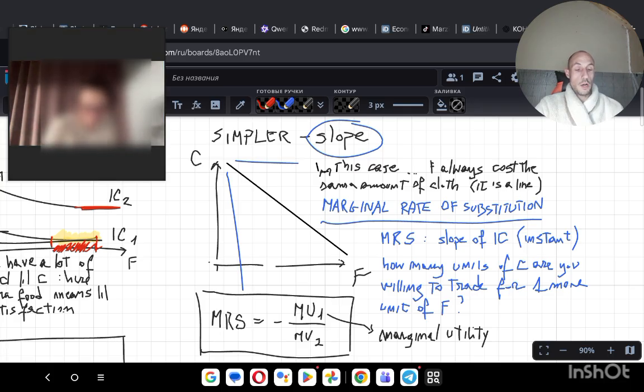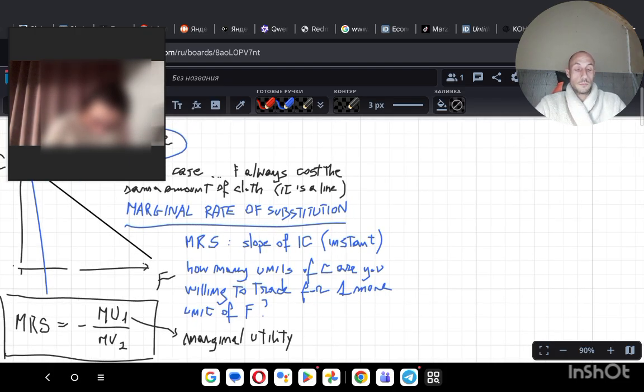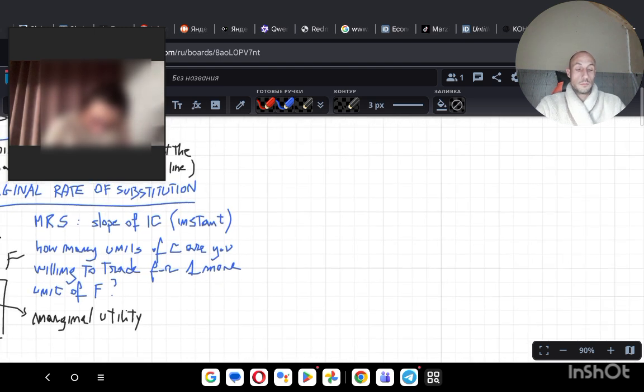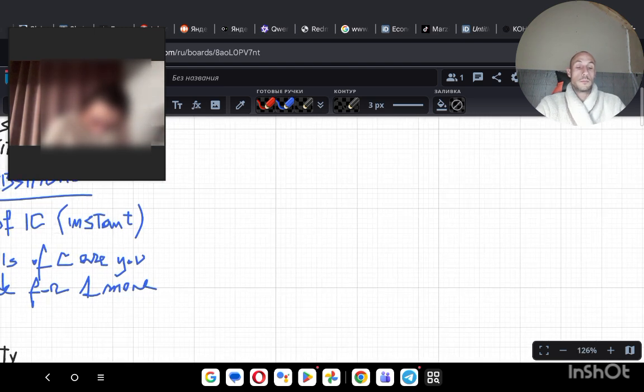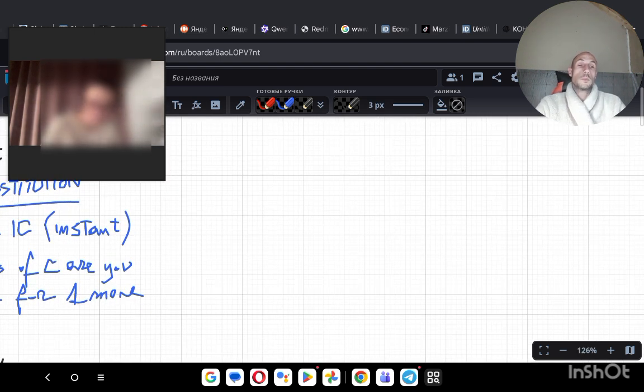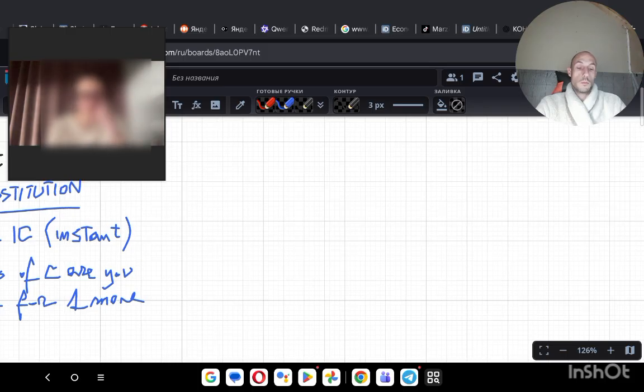The MRS is minus... well, it's either 1 divided by 2 or 2 divided by 1. I don't know which. Look at the formula, the definition on the left.